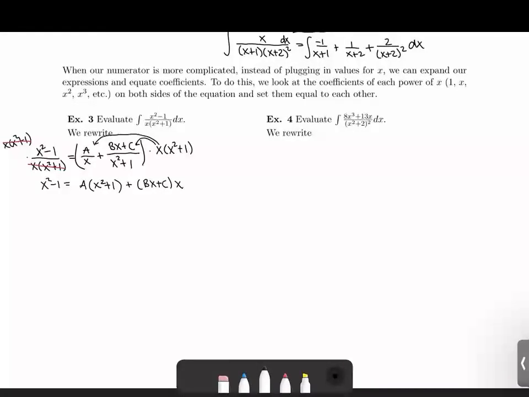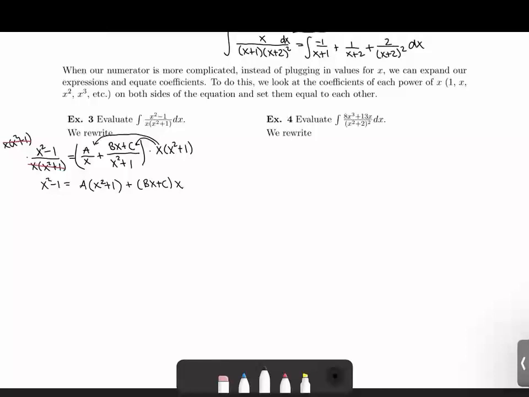So what we're going to do now is we're actually not going to plug in strategic values of x. And the reason for that is that there's no value of x that's going to make that x squared plus 1 equal to 0. So with our quadratic terms, they are not factorable. That's why they are quadratic terms here.